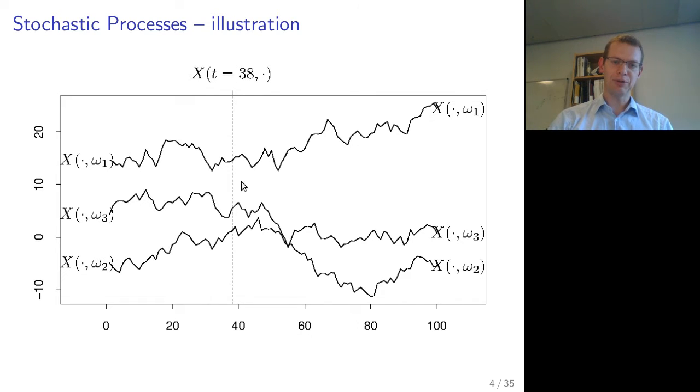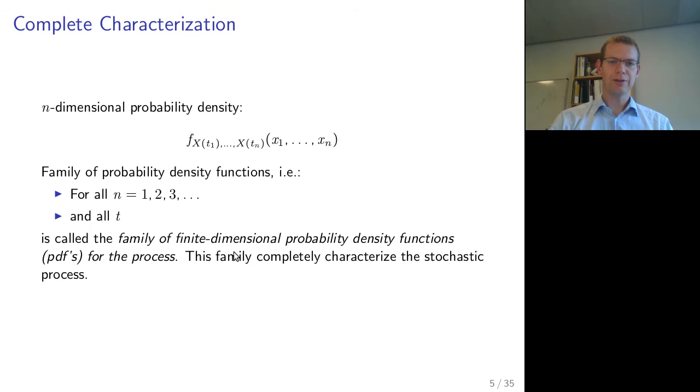If we look at a particular point in time, you can imagine that you have the distribution here, then you could have, say, a normal distribution as a cross section, sort of like this.